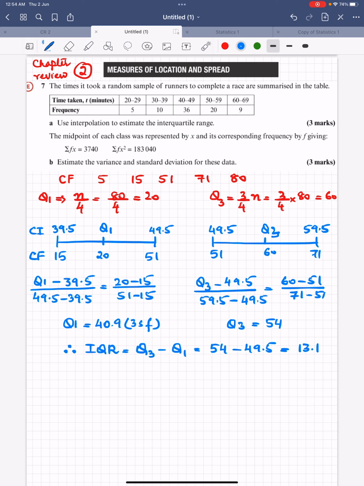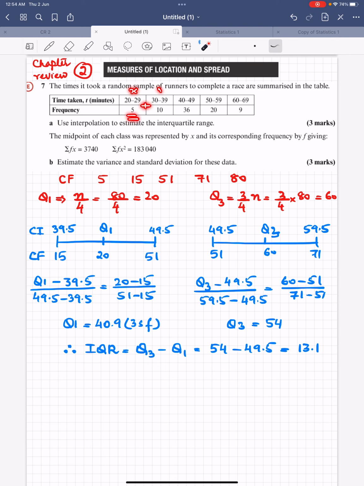The next question, part B. The midpoint of each class was represented by x and its corresponding frequency was given by f. So we have sigma fx here, which is the midpoint times the frequency.